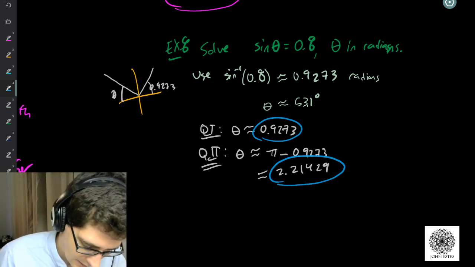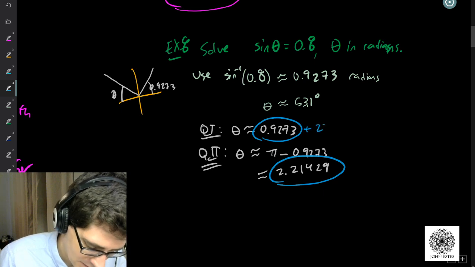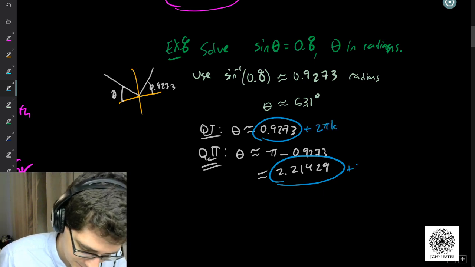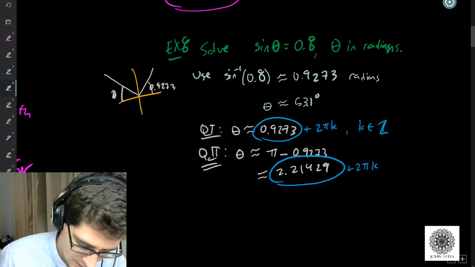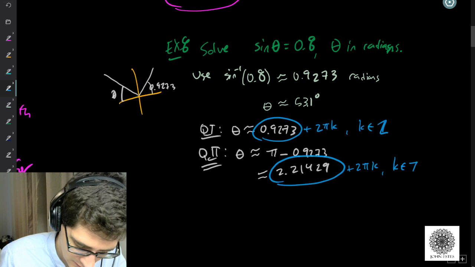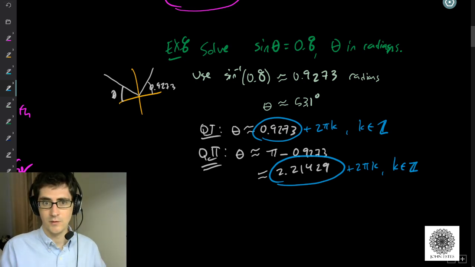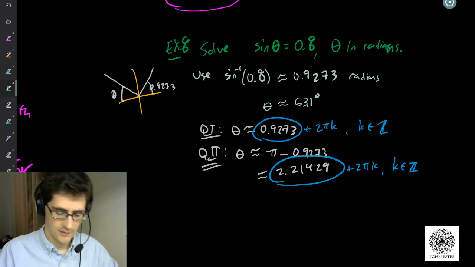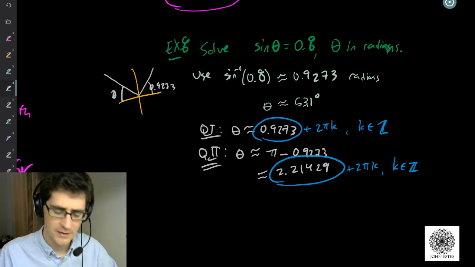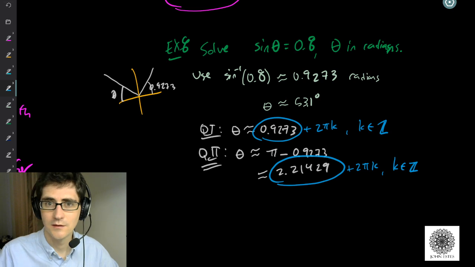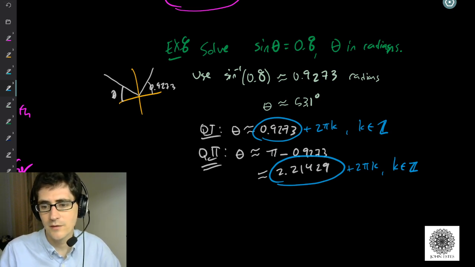And technically we need to say plus 2 pi k, with k being an integer value, right? Because we never specified that we only meant 0 to 2 pi. If we did, those two answers would be all we needed, but they didn't specify, so we need to include the plus 2 pi k, because every revolution we're going to repeat ourselves.